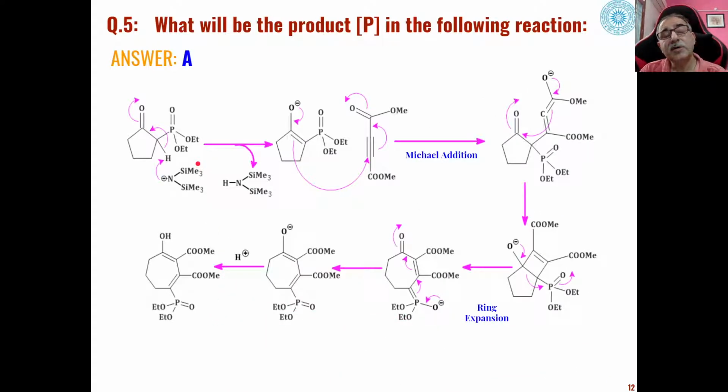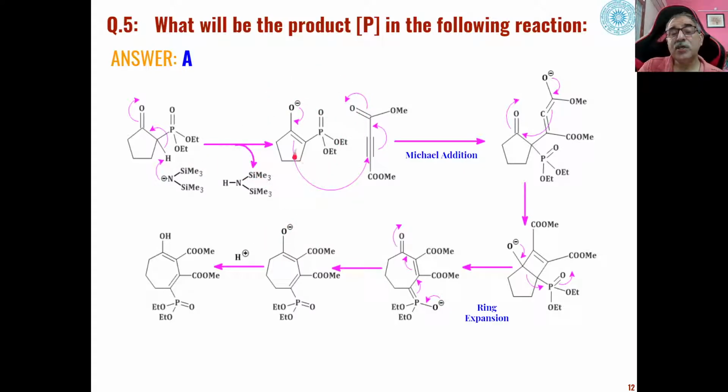Then in the fifth example, the cyclopentanone derivatives having phosphate esters at the ortho position react with the base trimethylamine, which will abstract this proton to convert this substrate into an enolate.